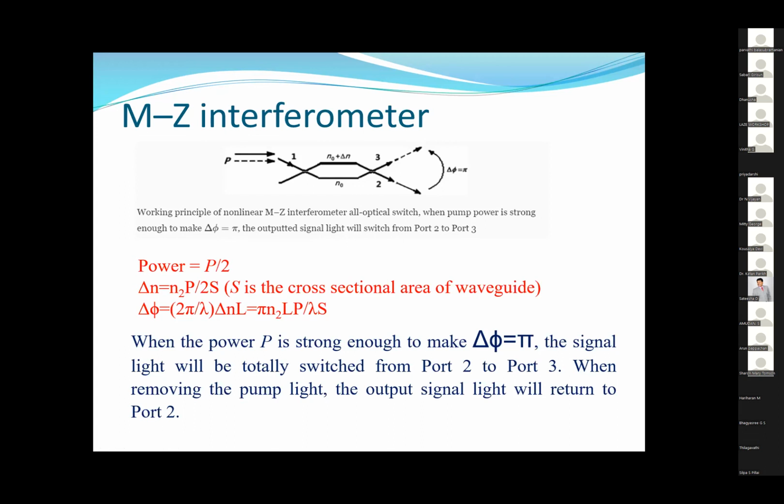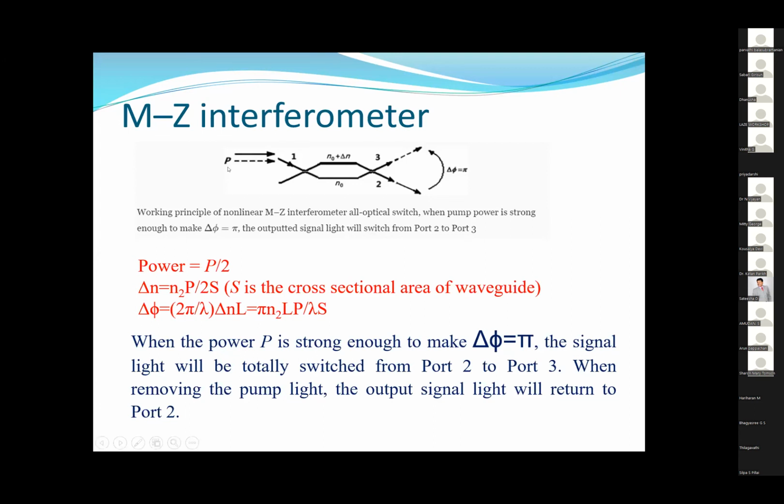When the signal light passes through the nonlinear arm of the interferometer, there is a phase shift in the nonlinear arm, which is given by 2π/λ times delta n times L, which is just the difference between the two phase shifts of the signal light beams in the two arms. We can prove that the intensities of the output signal at the two output ports depend on this phase difference delta phi.